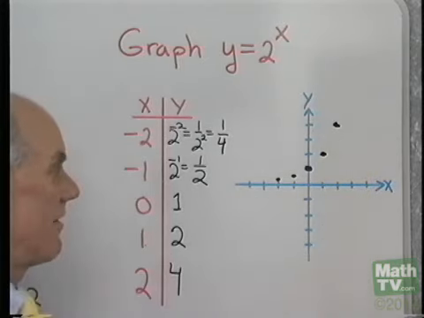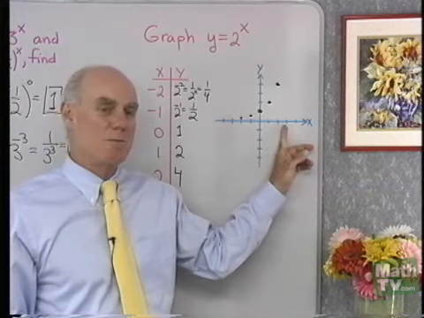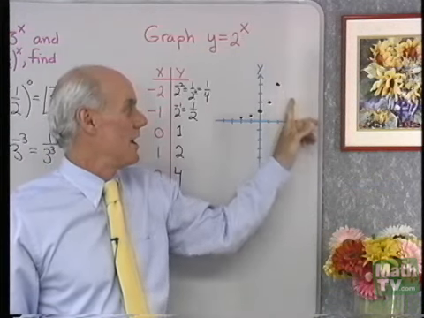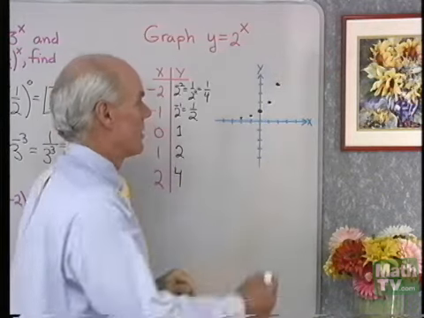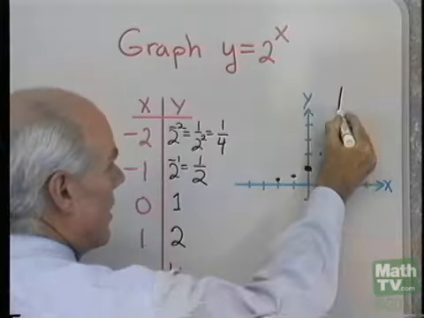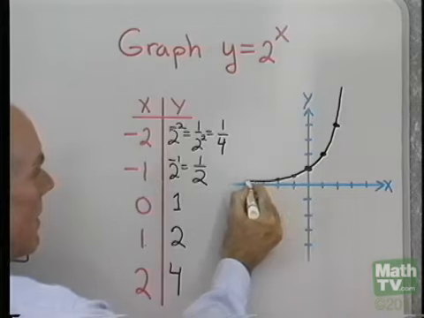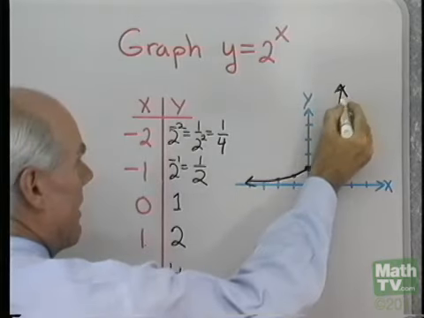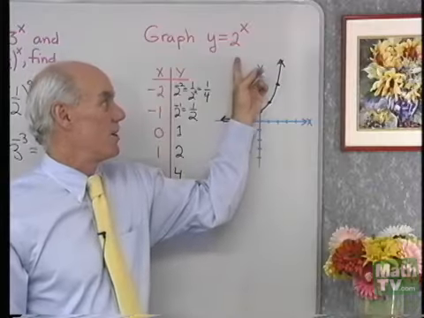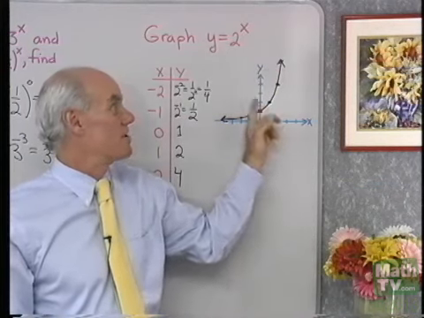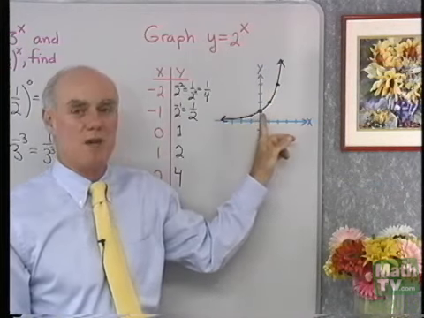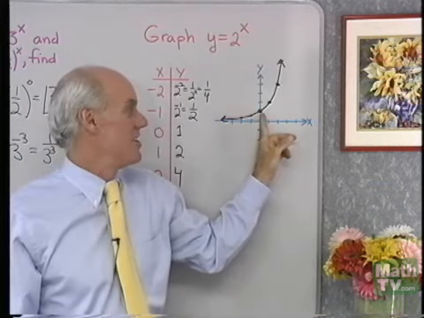And you can see that if I was to go further here, if I said let x be equal to 3, y would be equal to 8, x equal 4, 2 to the 4th is 16, and so forth. So now I'll connect these points with a nice smooth curve, and what I get is the graph of the exponential function y equal 2 to the x. And you can see it goes through the point 0, 1 on the y-axis. All exponential functions will go through that point, 0, 1.